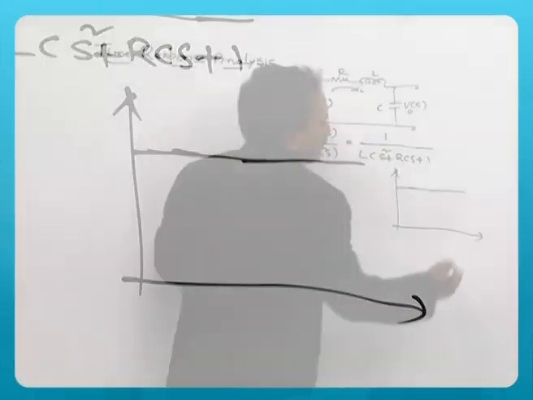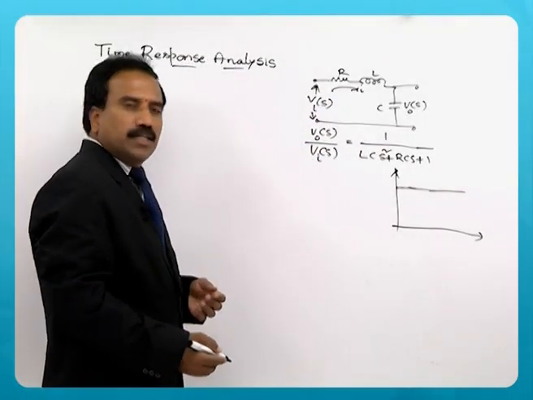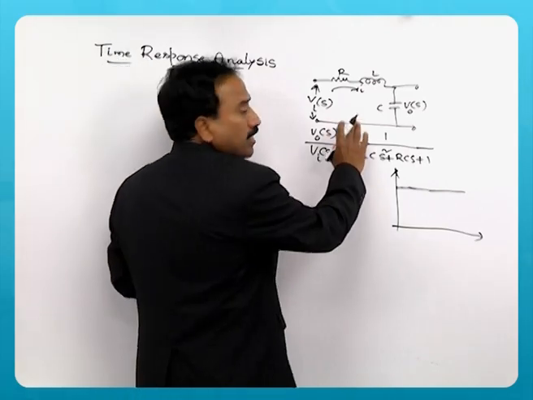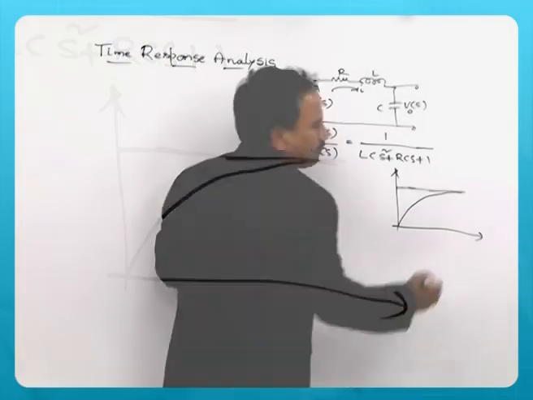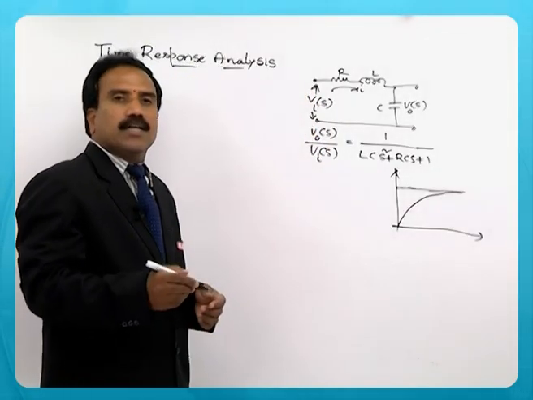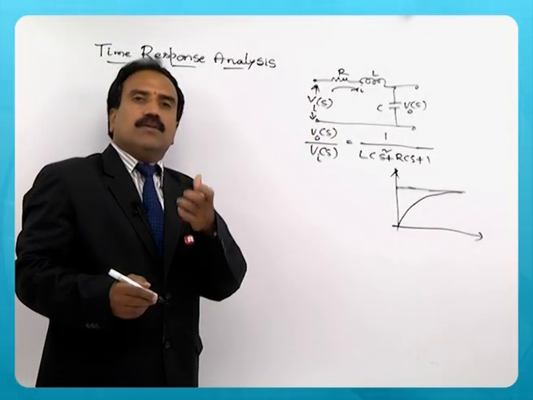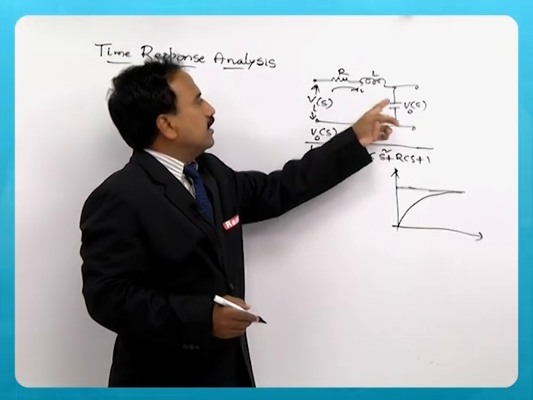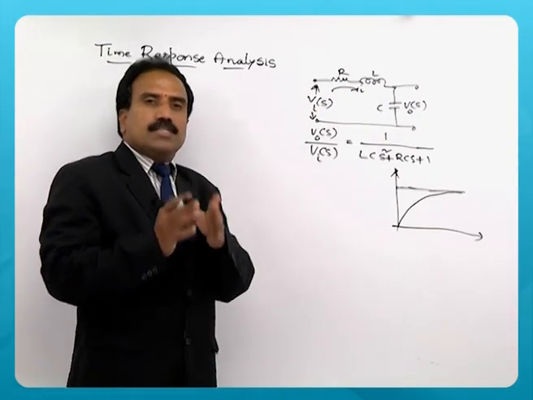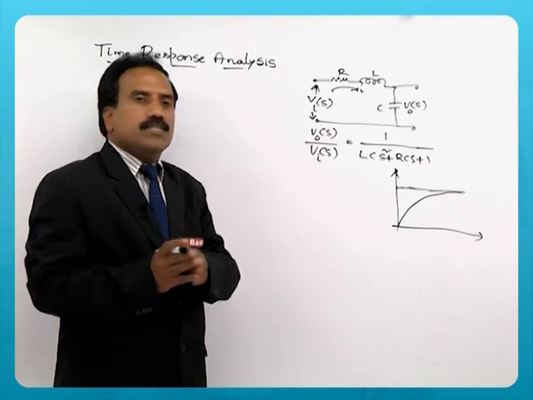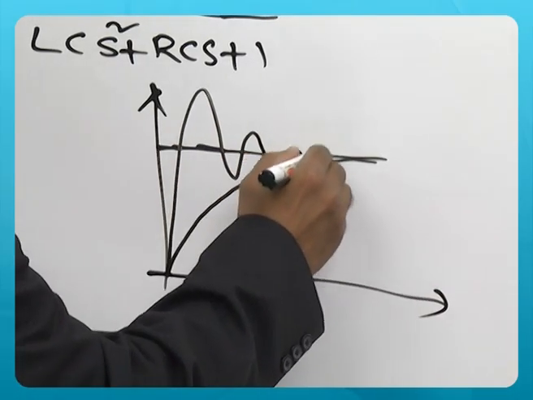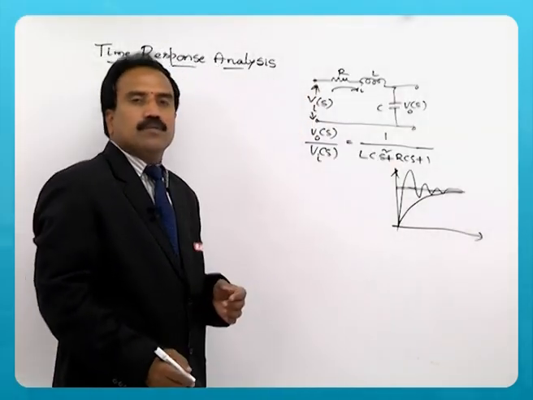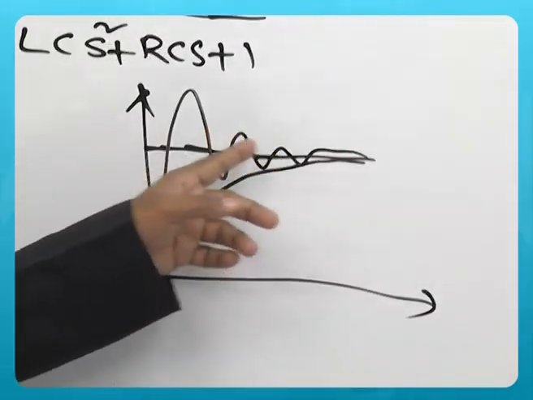Say again it is a steady state value that it should finally reach. If it is a first order system, we have seen that the response increases this way, but if it is a second order system, it again depends on the components R, L and C. Let us say for some values of R, L and C, the response will be like this, meaning here also there are transients.